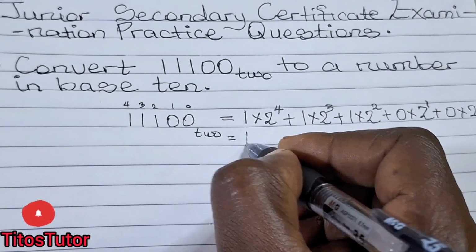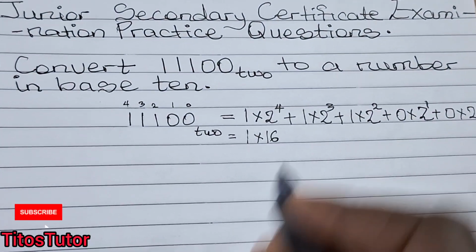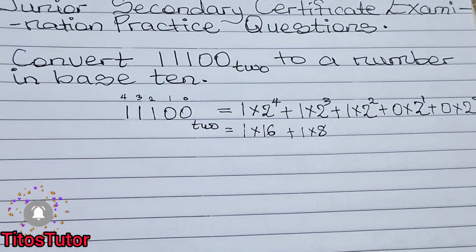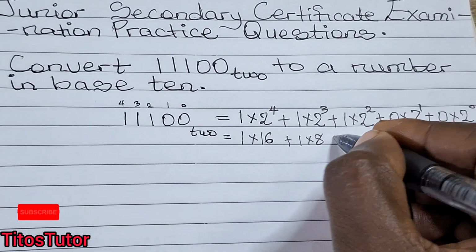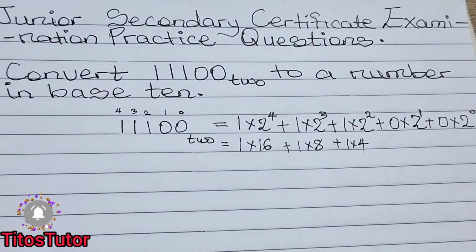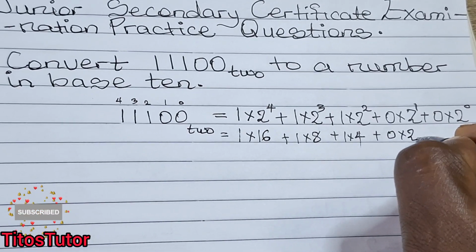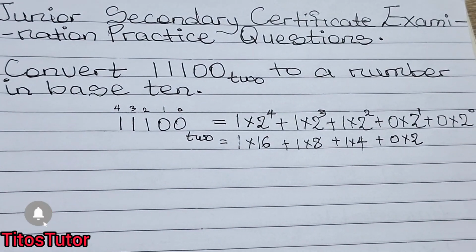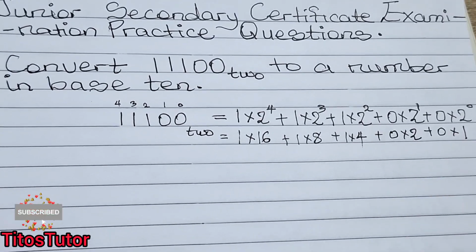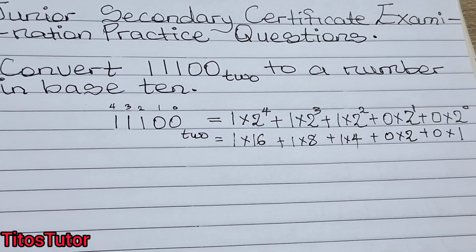This is equal to 1 times 2 raised to the power of 4 is 16, plus 1 times 2 raised to the power of 3 is 8, plus 1 times 2 raised to the power of 2 is 4, plus 0 times 2, because 2 raised to the power of 1 is 2, plus 0 times 1, because anything raised to the power of 0 is 1.